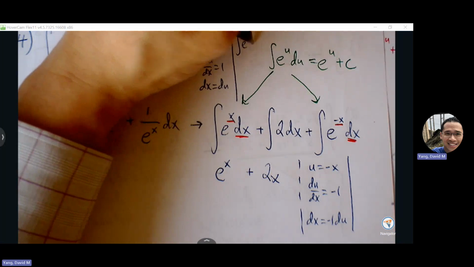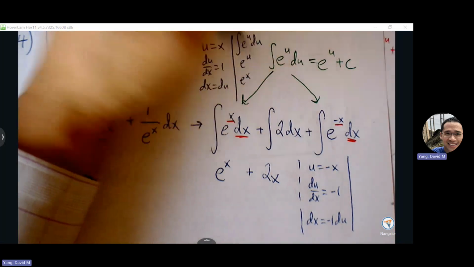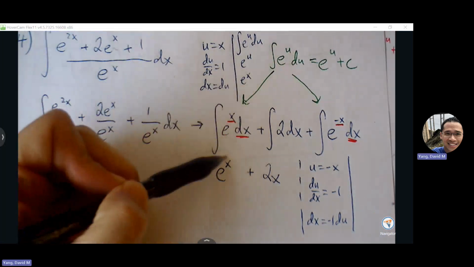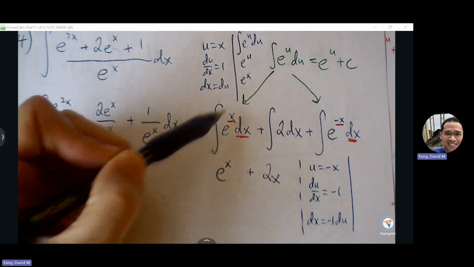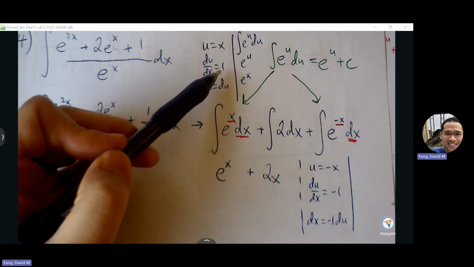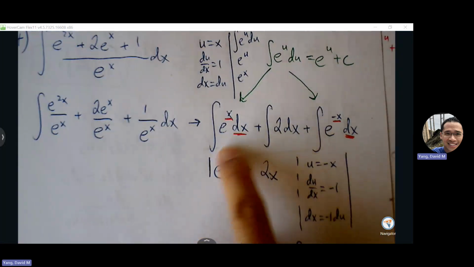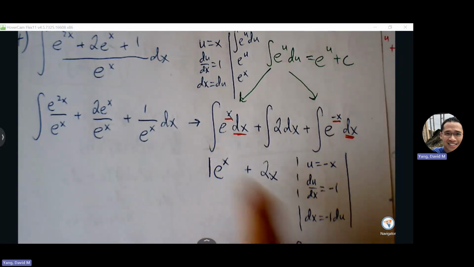The integral of e to the u du becomes e to the u, which becomes e to the x. So nothing changed. That's why I didn't go through u substitution, because my du dx didn't produce anything other than 1. Technically there's a leftover 1, but that leftover 1 is not really changing my process, so I just skipped u substitution.